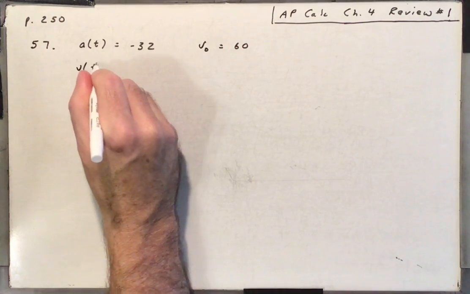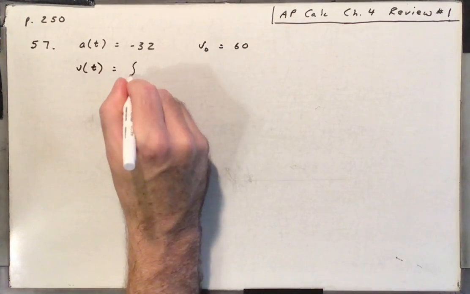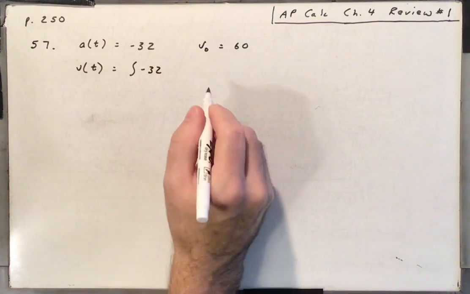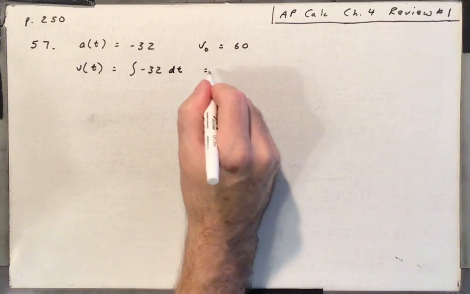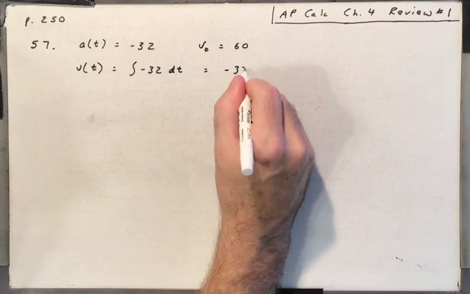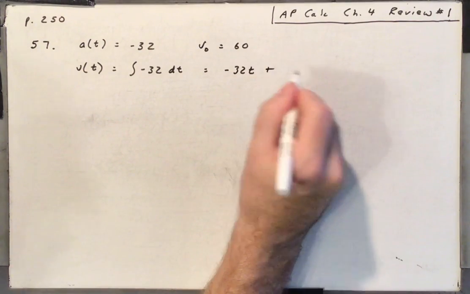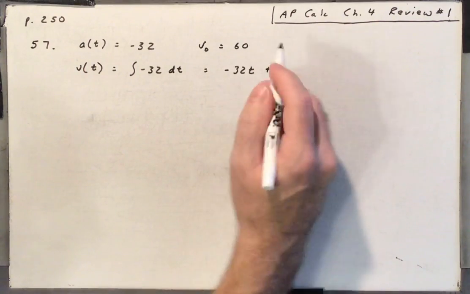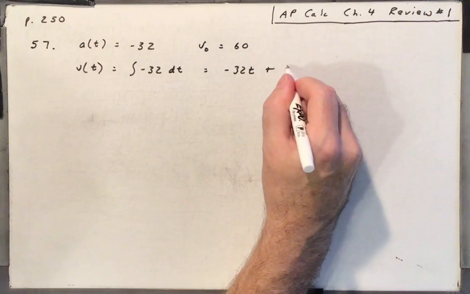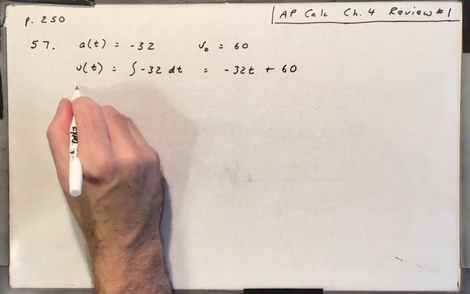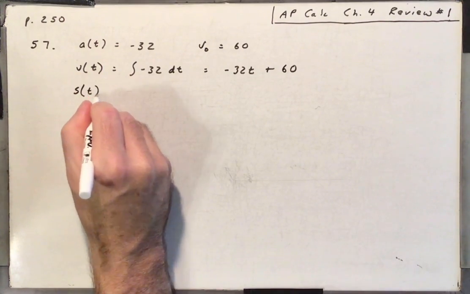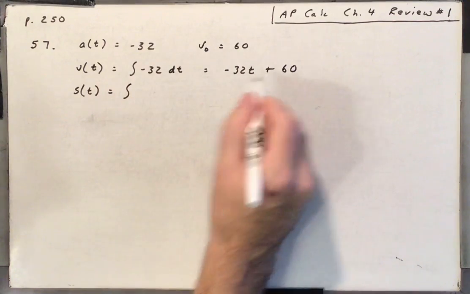So v of t, we would integrate minus 32 dt, and that's going to be minus 32t plus c, but our c is initial velocity in these problems, okay? So plus 60. And then our position function, s of t, we're going to integrate the velocity function.